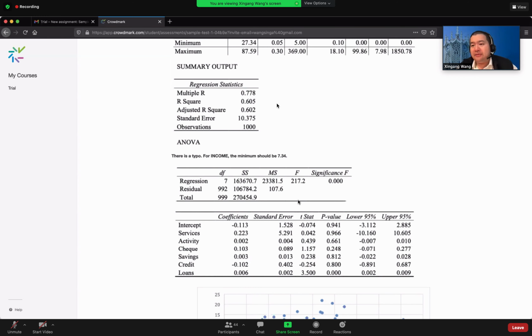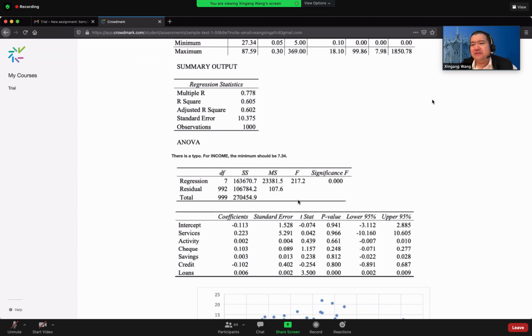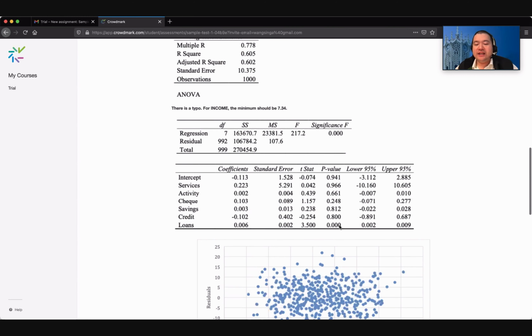In your group assignment, you made 95 your preferred confidence level, which is okay. But when the question doesn't specify the confidence level, you can just check the p-value against all three confidence levels and make a better answer. For example, as you can see here for longs, the p-value is zero, so it is significant at all three confidence levels.